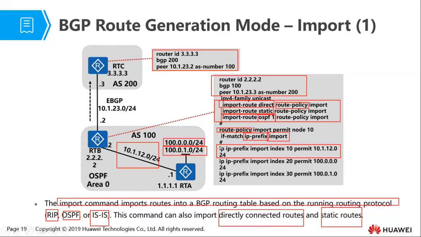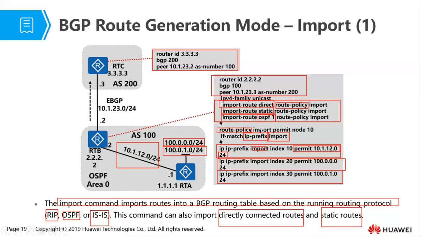So for example, IP, then IP prefix, then the name of that IP prefix, we are calling it import, then index 10. Then we want to permit packets from this network having this mask. Similarly, we are selecting packets from the 100.0.0.0 and packets from that particular network.